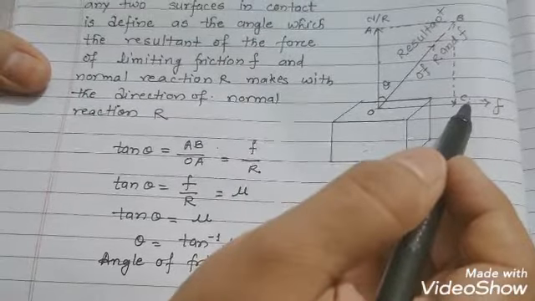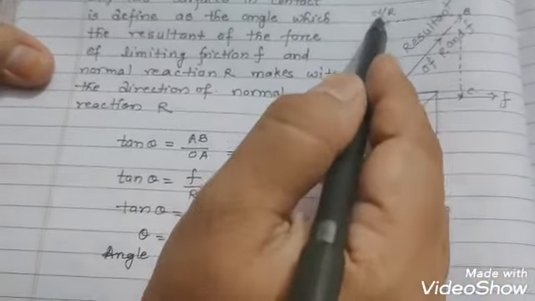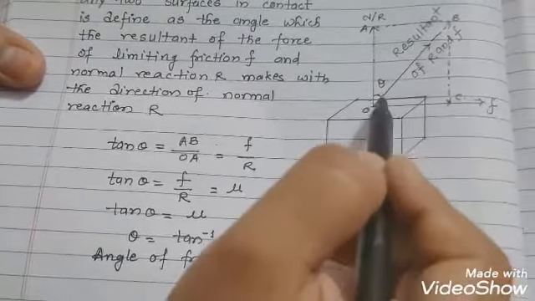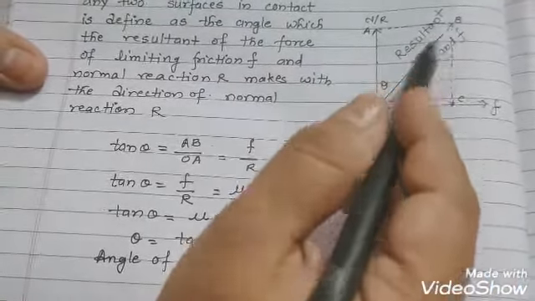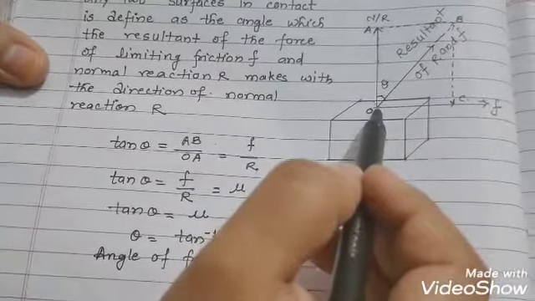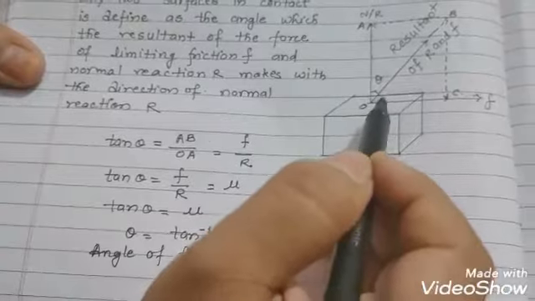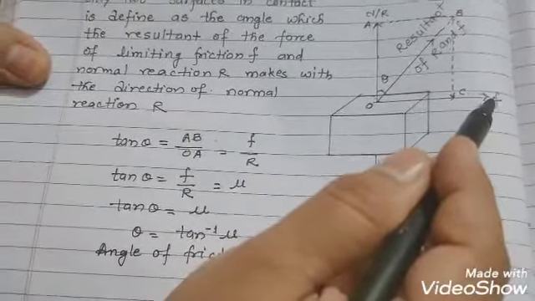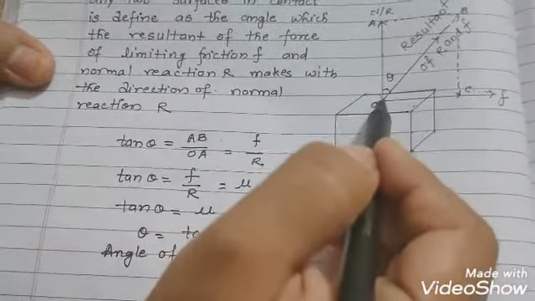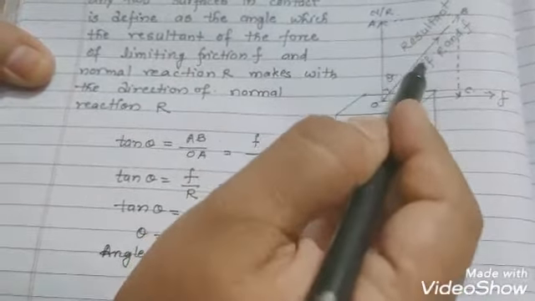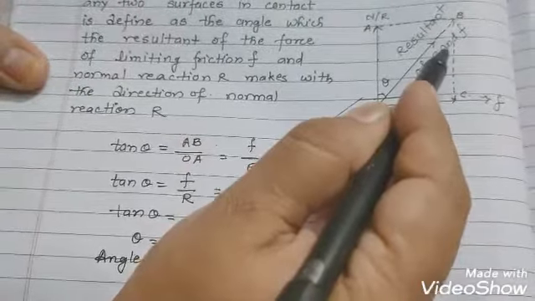The resultant of these two can be represented by the diagonal which starts from the point O, the coincident point of R and F. So in the direction OB, the resultant of R and F will be there.